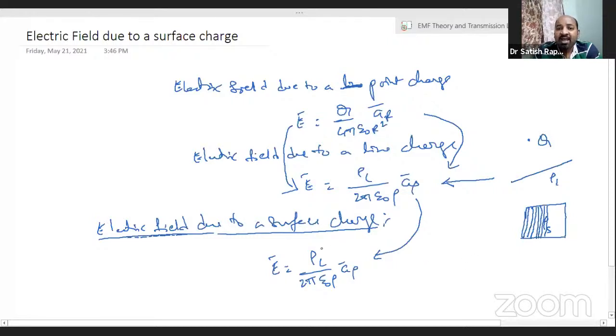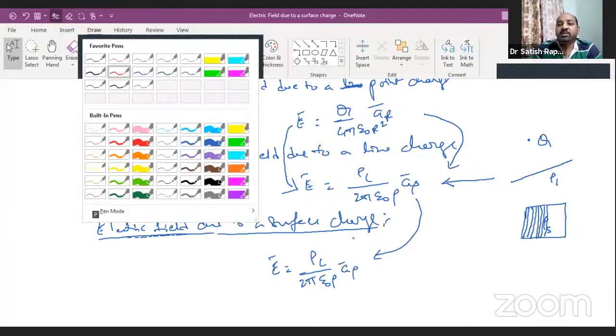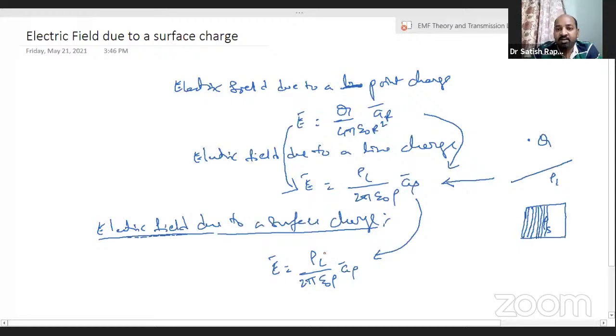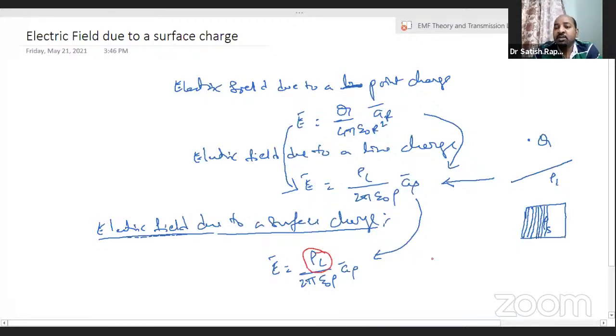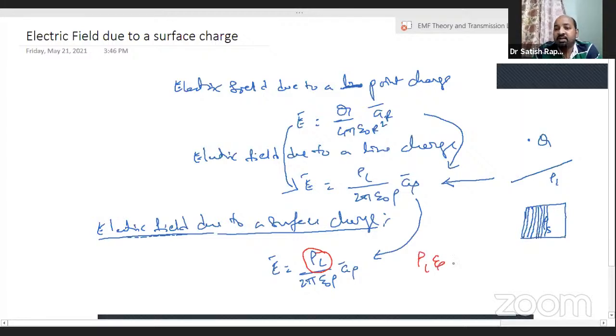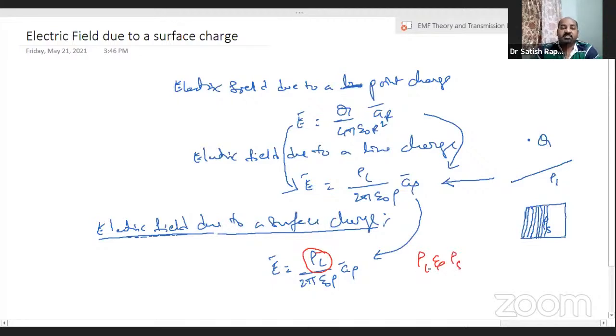Here we have rho L, so we need to relate line charge density and surface charge density.